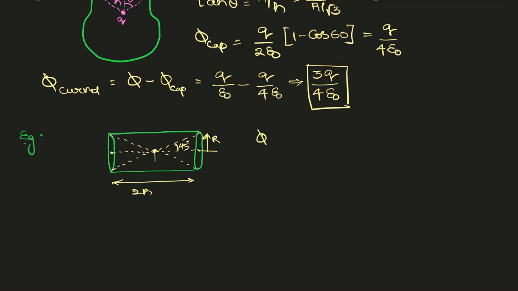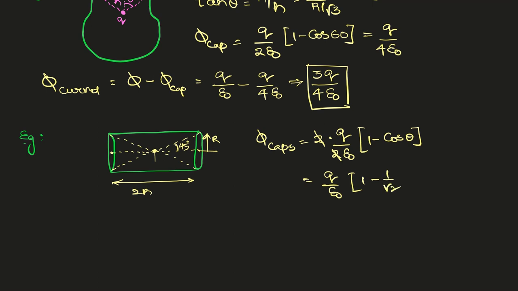Now we have two caps, so the flux through those caps will be 2 times q by 2 epsilon naught into 1 minus cos theta, where this 2 gets cancelled. We have q by epsilon naught into 1 minus 1 by root 2, where theta is 45 degrees. This is the flux through the end caps.